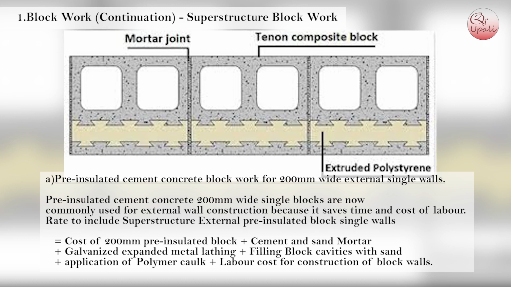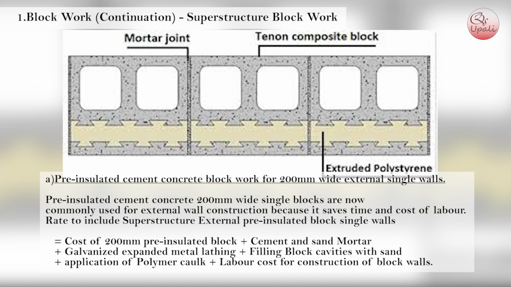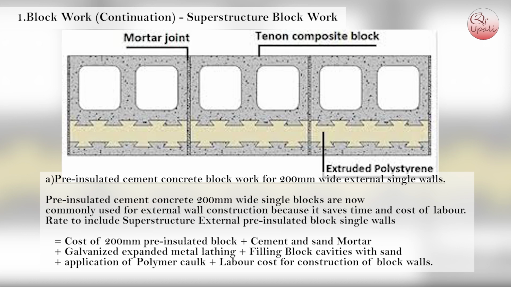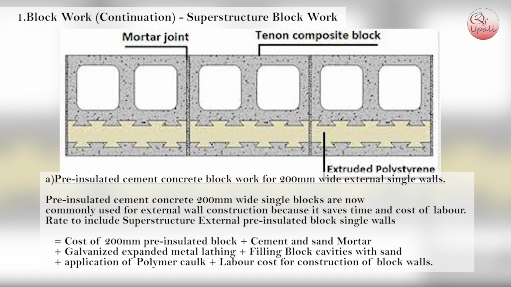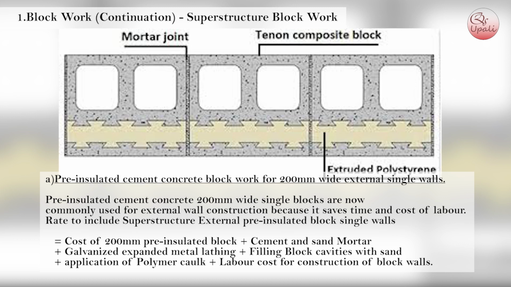Rate to include superstructure external pre-insulated block single walls equals cost of 200 mm pre-insulated block plus cement and sand mortar plus galvanized expanded metal lathing plus filling block cavities with sand plus application of polymer caulk plus labor cost for construction of block walls.